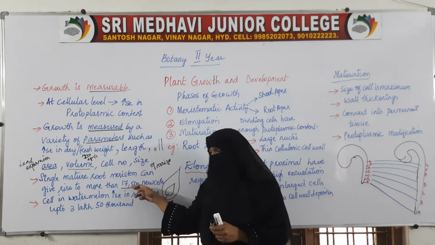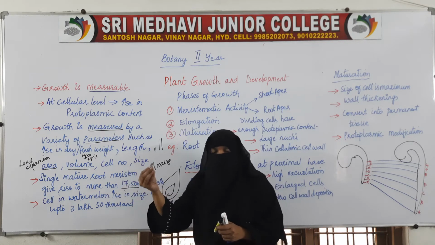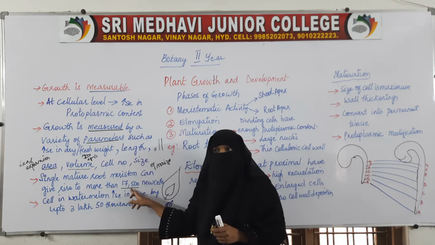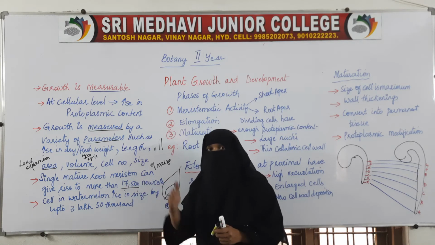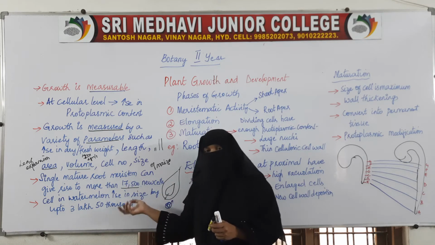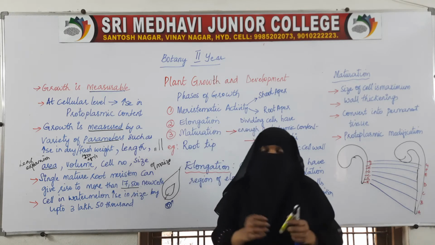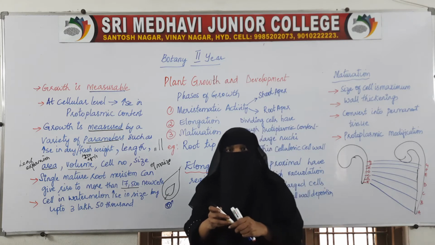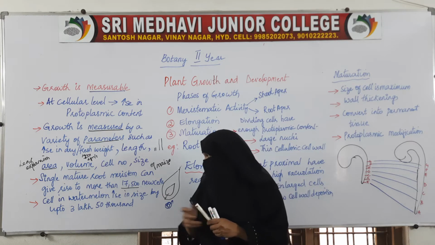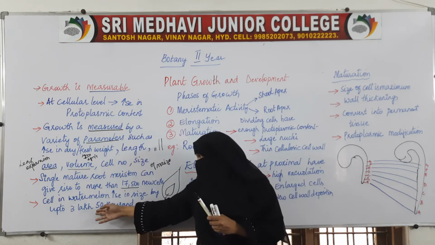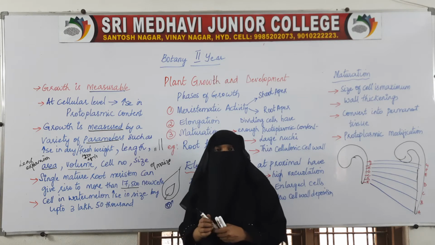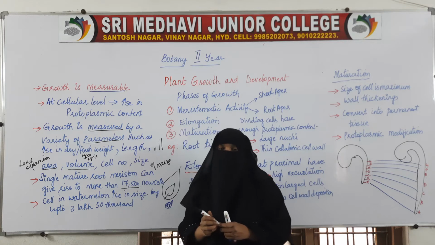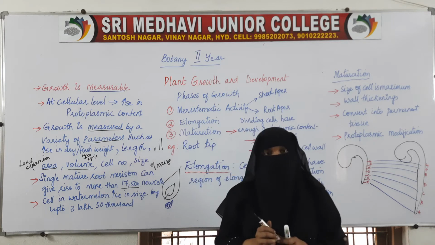Before 1 hour the cells were very few, after 1 hour this much increase has taken place. So, by seeing the number of cells we can say that growth has taken place, and we can see the size also. The size will be increased because of the addition of new cells. So, in watermelon up to 30,50,000 cells will be added, which will show the increase in the weight of the watermelon.